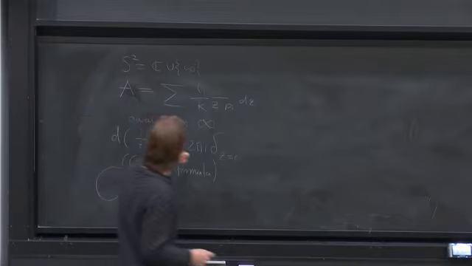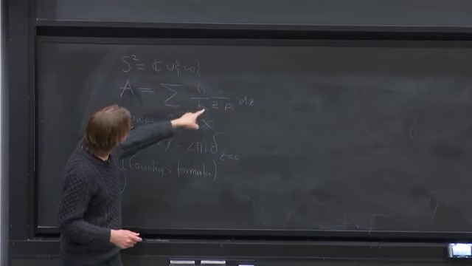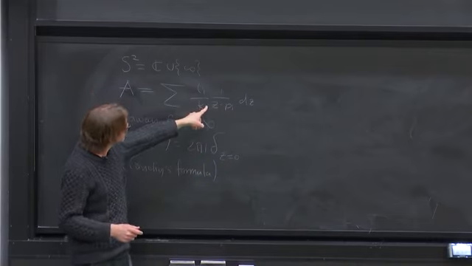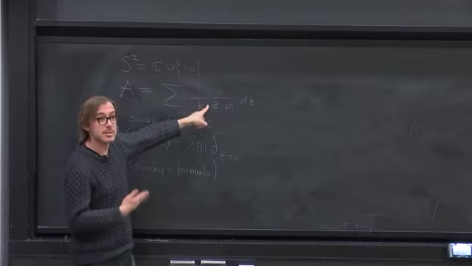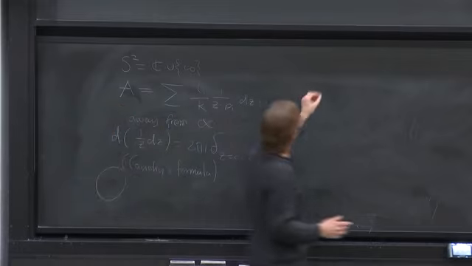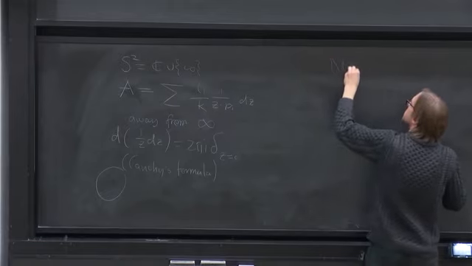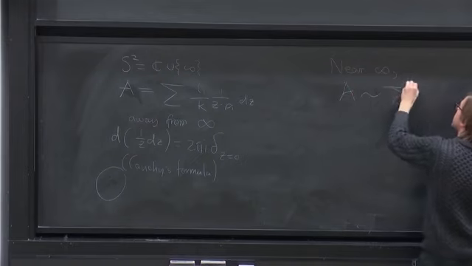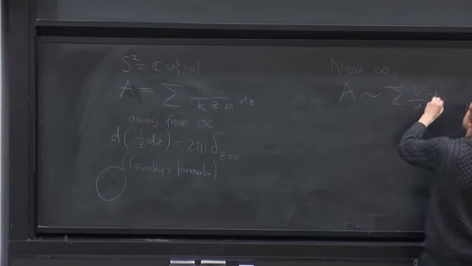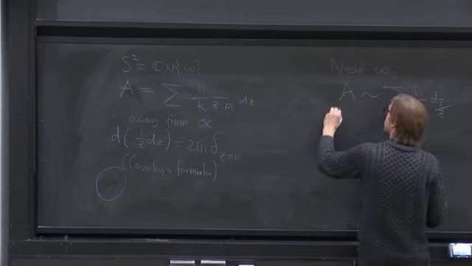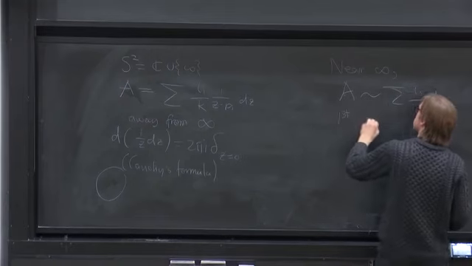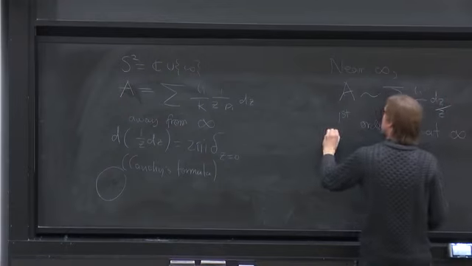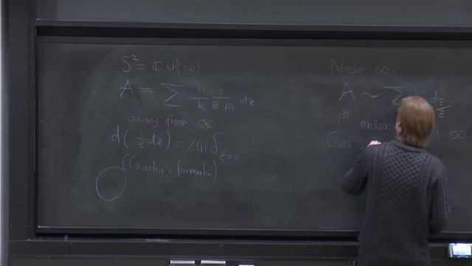Okay, so we can ask, how is it possible to extend this to infinity? If we look at this expression, near infinity, this has a pole, and that's bad. A looks like the sum of Li over k, dz over z, which has a first order pole at infinity. So, can we remove this by a gauge transformation?